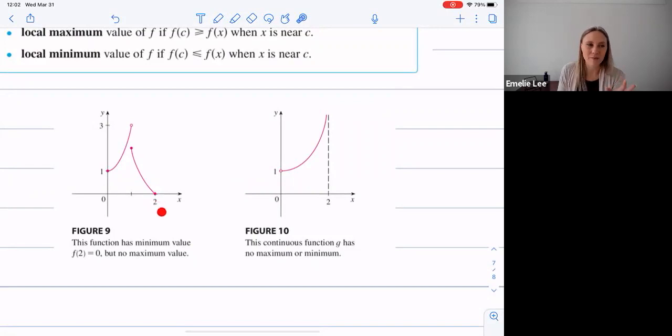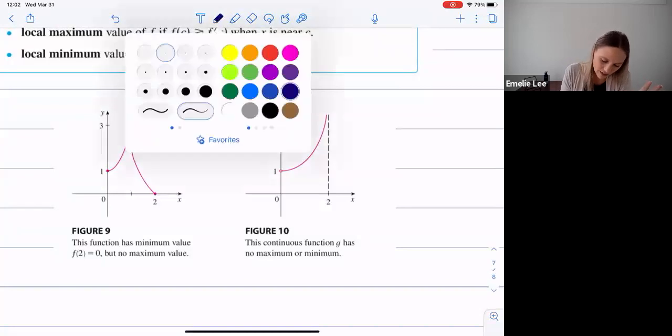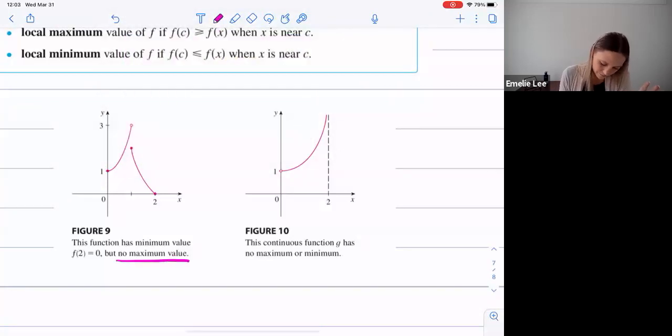And so I have a minimum at f of 2, which is 0. But even though it looks like I should have a maximum value, the function doesn't exist at that point. And so it's going to get close to that point, but it's never going to be that point. And so that's why I have no maximum value, right? So sometimes we might not have a max or a min, or maybe even both, right?